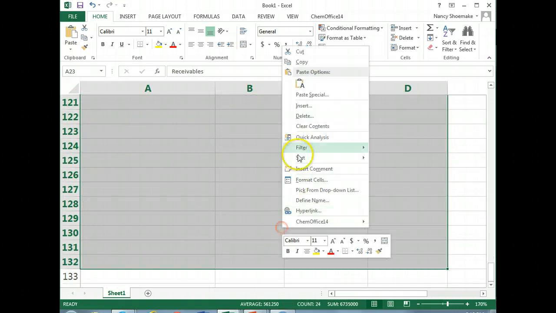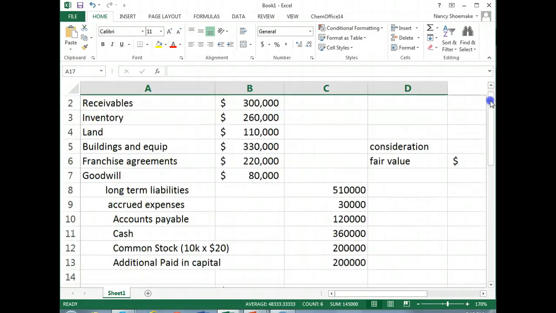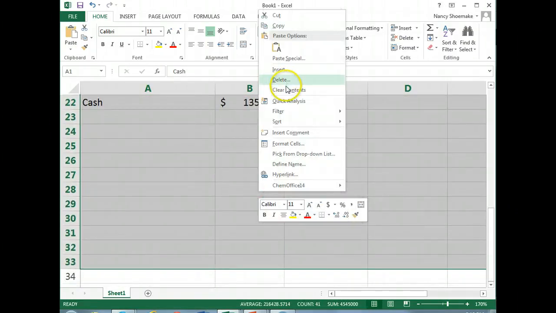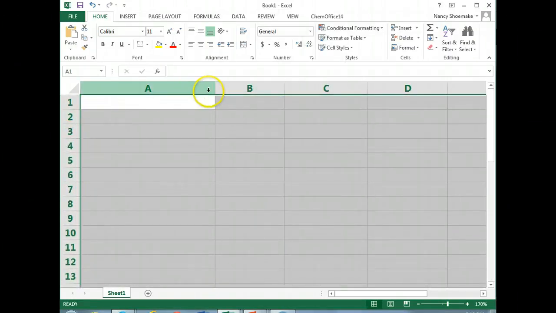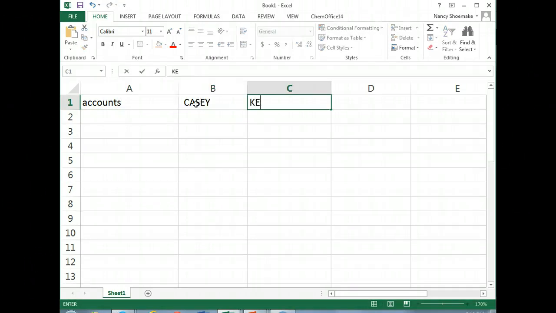Now what we're going to do here, we're going to start here by listing the accounts. We're going to have Casey here, Kennedy here. This will be our adjustments.